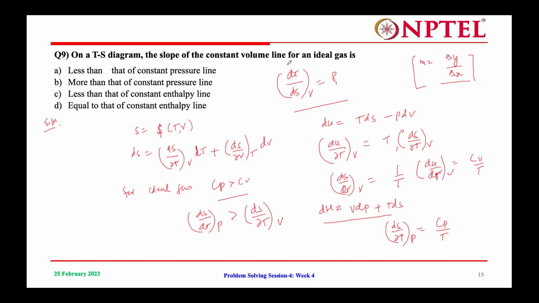But here the question asks dT divided by ds at constant volume, so dT by ds at constant volume is greater than at constant pressure. So dT by ds at constant volume is greater than the constant pressure line.